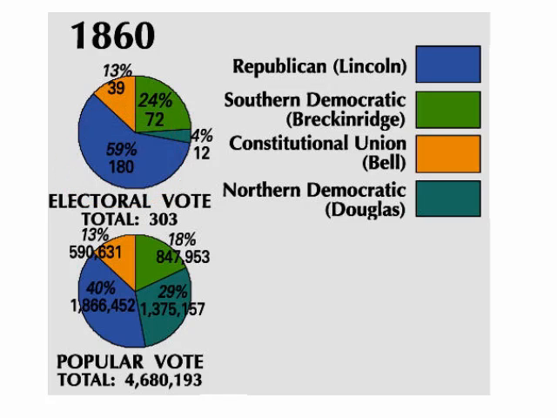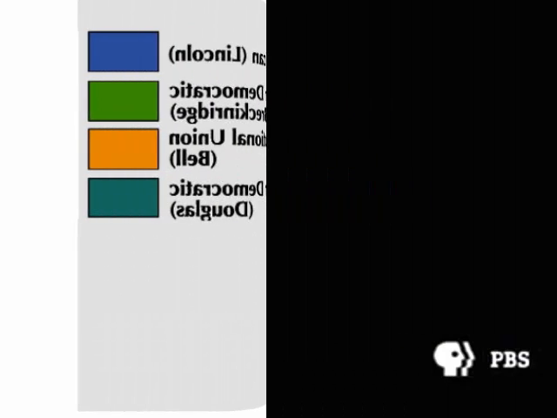And Douglas, as we can see, won a pretty impressive amount of the popular vote, 29% to Lincoln's 40%, but only got 4% of the electoral vote. And as we know, the electoral vote is the one that decides who wins and who loses an election.